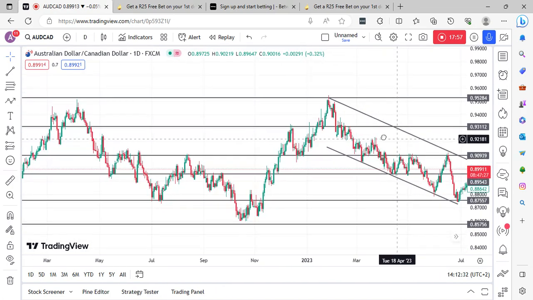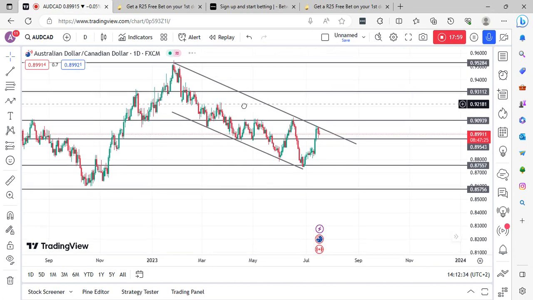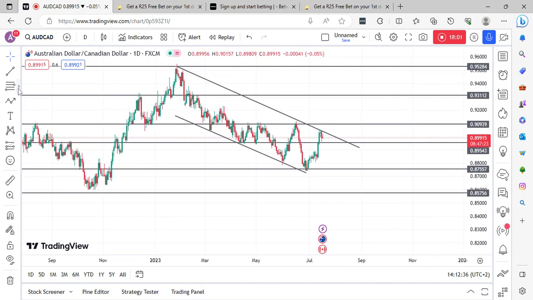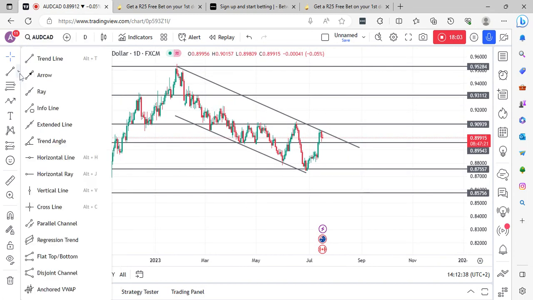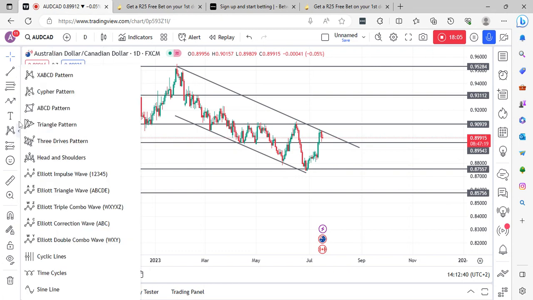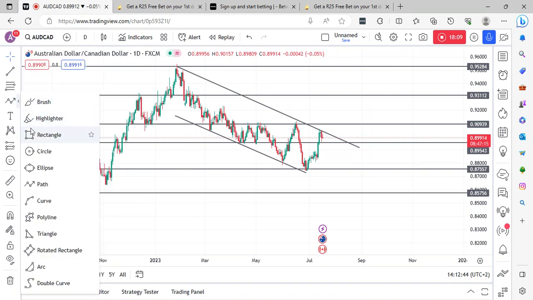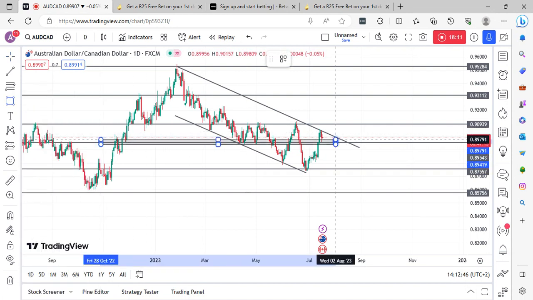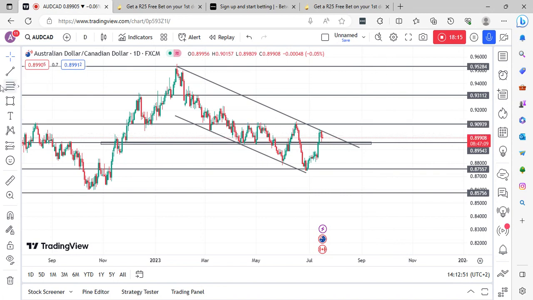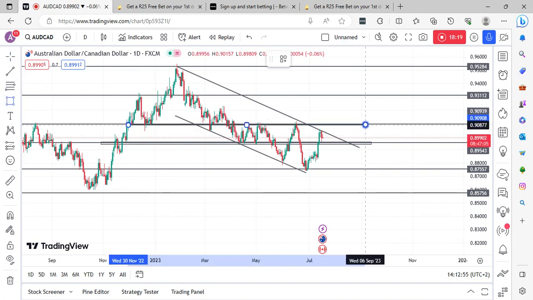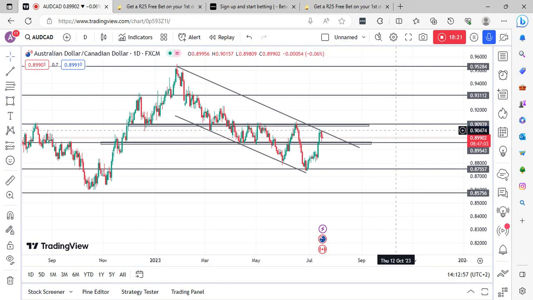So what are we going to do now is put on your shaded rectangle somewhere around these levels to mark the area of sensitivity, and then you mark this level here. This is where you are going to be trading around when you go down to your lower time frames.